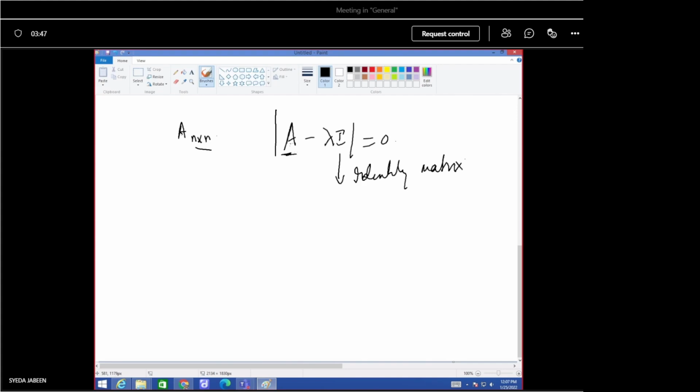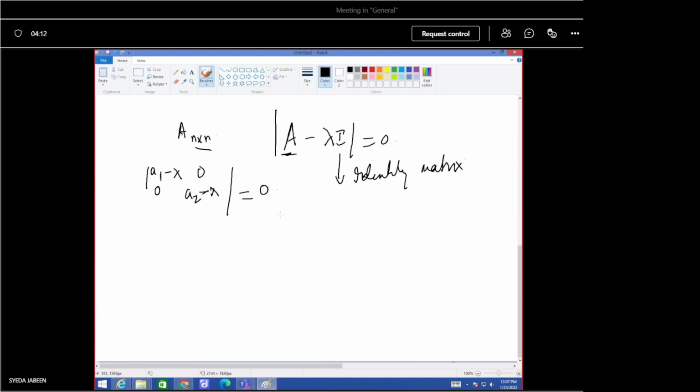So if you take the determinant of A minus lambda I is equal to 0, then you will get some polynomial form. For example, if we take a small matrix, suppose A1 minus lambda, then a simple 0 so that the calculation is easy, 0 and A2 minus lambda. If you take the determinant of this, you will get a polynomial equation.